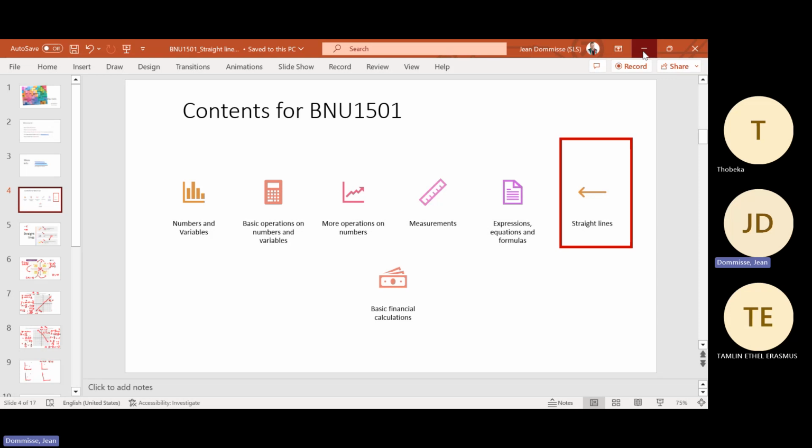But did this help at least? Is it a bit clearer now how to work with the straight lines, how to look at the points, how to calculate the slope and those kind of things? Okay, cool.